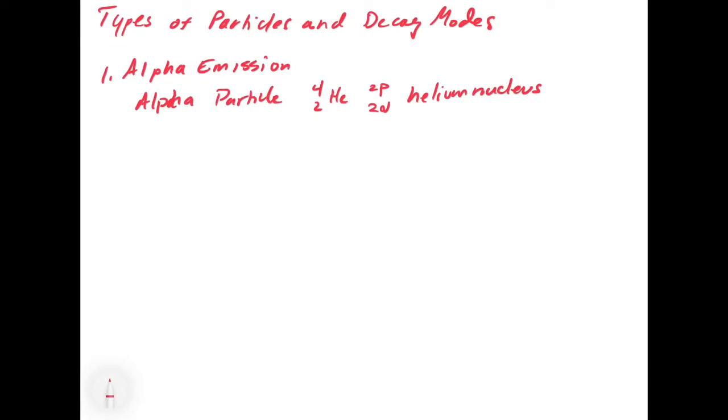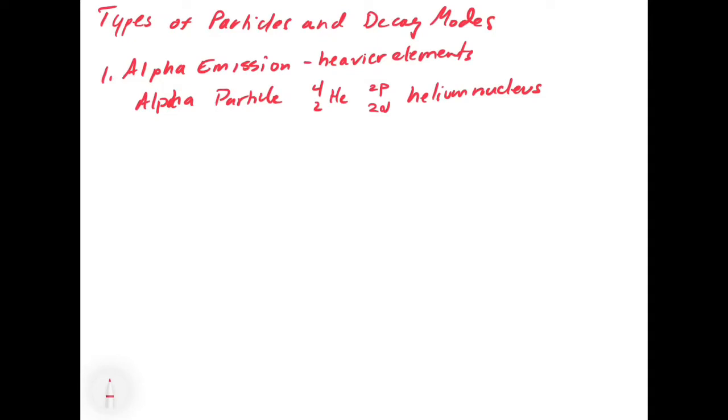So when we have an alpha emission, we basically take an element. Typically, this happens in heavier elements, and we'll define all of that in the next video.